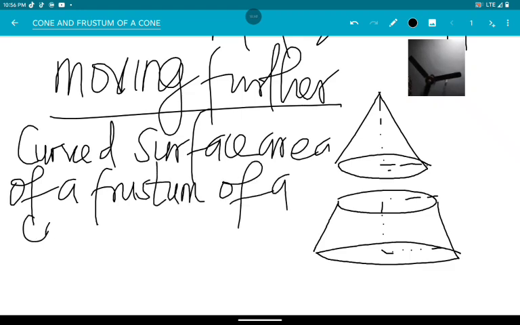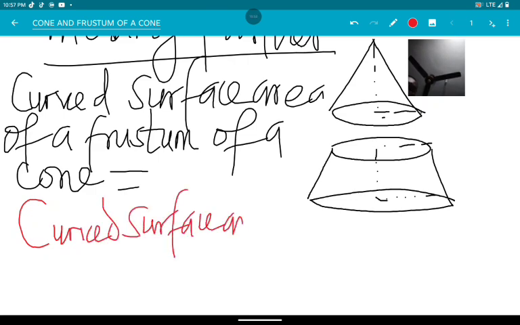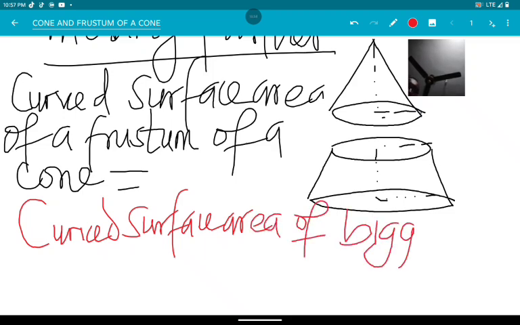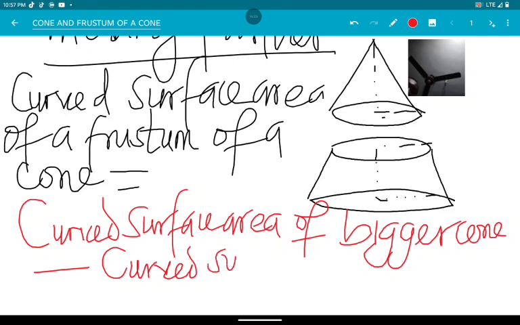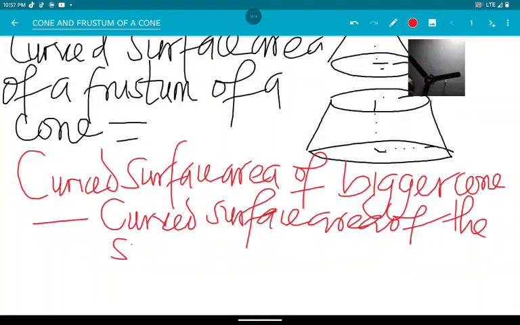To calculate the curved surface area of a frustum of a cone, you are going to say the curved surface area of the bigger cone, that means the full cone, you are going to subtract the curved surface area of the smaller cone. That's how you get the curved surface area of a frustum of a cone.